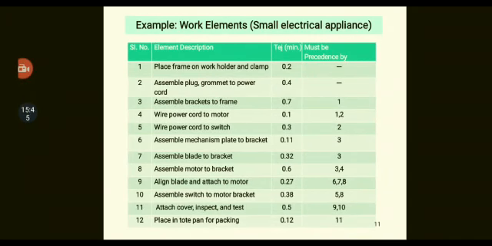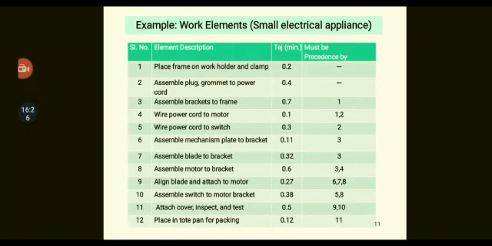For this we have times like 0.2, 0.4, 0.7, 0.1 and so on, and we have a precedence. For serial numbers 1 and 2 we don't have any precedence, so we kept a dash, meaning elements 1 and 2 will be the starting points.